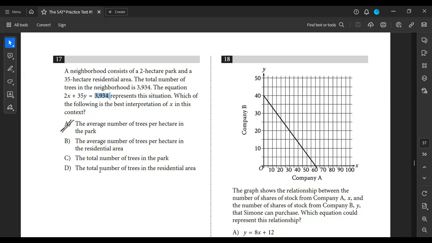So the total number of trees in the park is not 394, so that's not C. The total number of trees in the residential area is going to be 35 times y, right? 35y for the residential area. This is for the park. So the 35 times y will be the total number of trees in the residential area. But we're looking at the x. x is attached to the park.